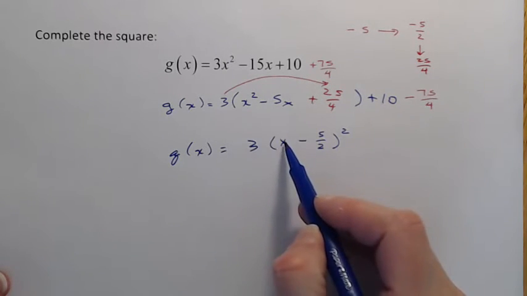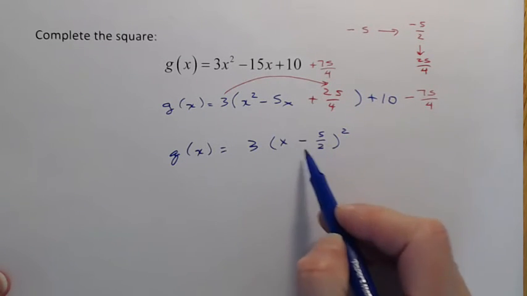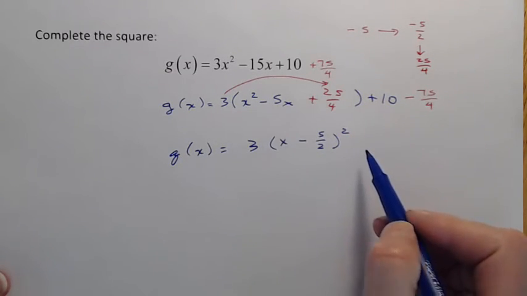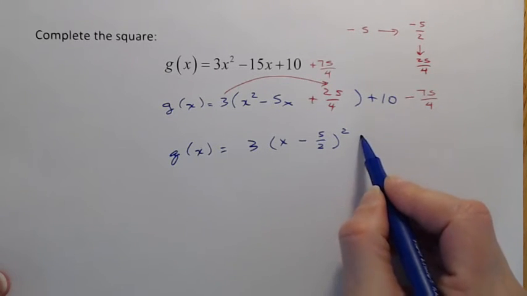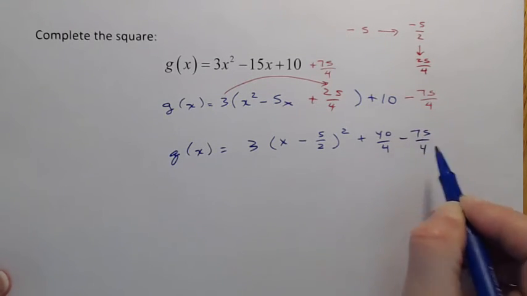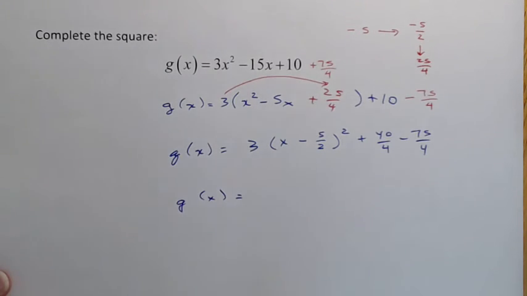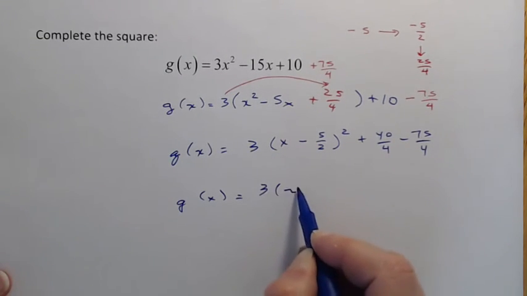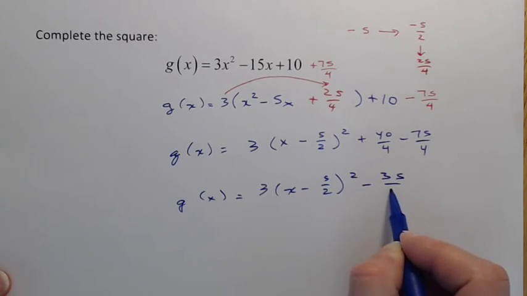But usually your x squared becomes the x, the 25 fourths becomes the 5 halves, and then just double check your inner and outer terms add to negative 5x. And then again, we have to collect our constants. So let me make a common denominator here first. And then we rewrite one more time. So we have 3 times x minus 5 halves squared minus 35 fourths.